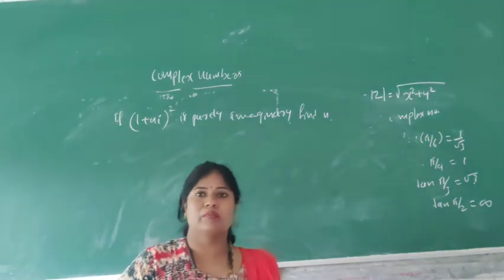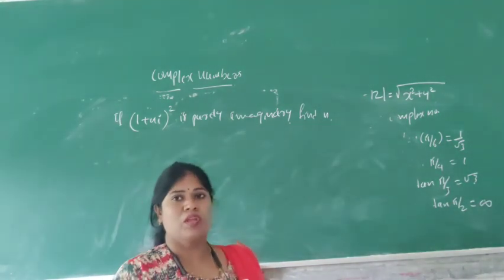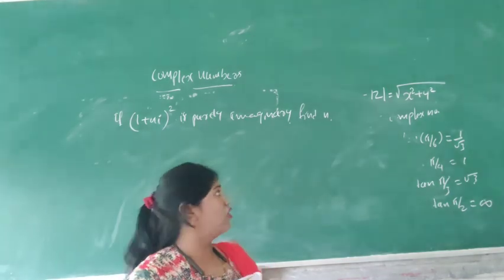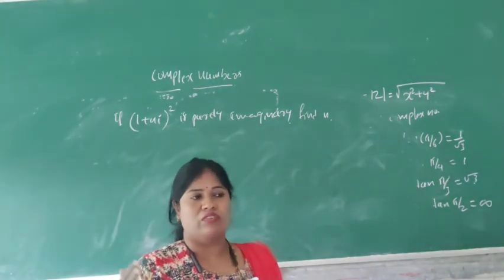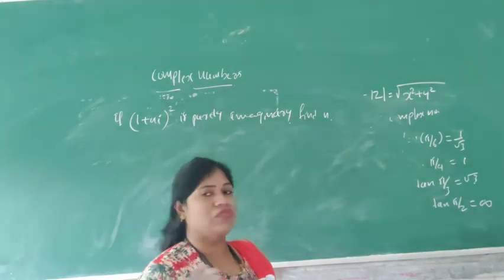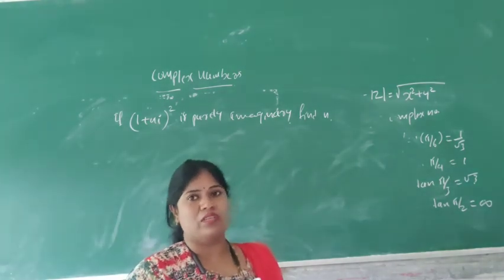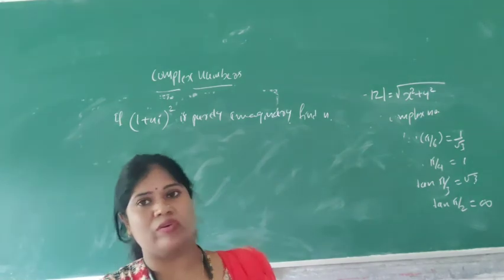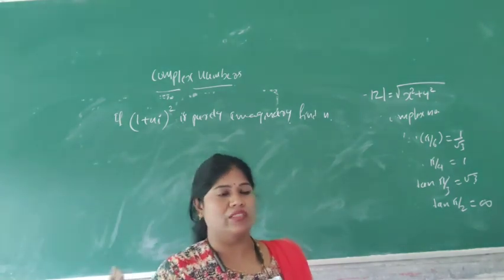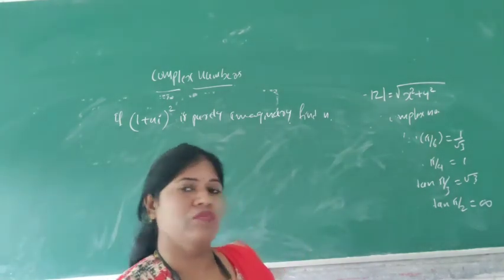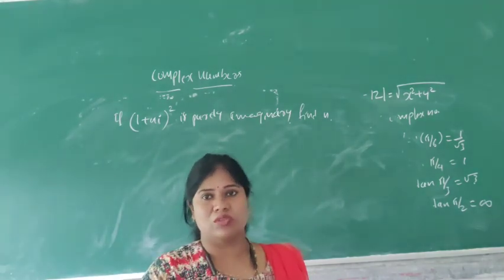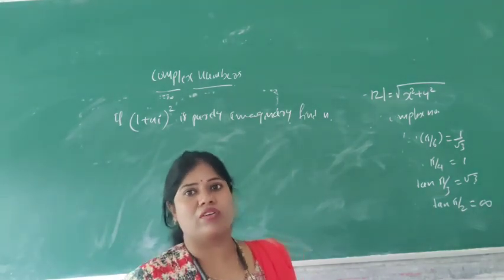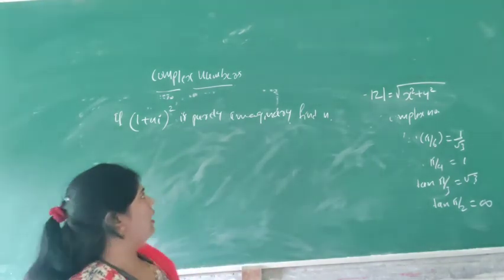In the beginning class we have discussed what is purely real and purely imaginary. If in z equals x plus iy, I substitute x equals 0, then it is purely imaginary. If y is equals to 0, then it is the purely real part. So we have discussed like that.